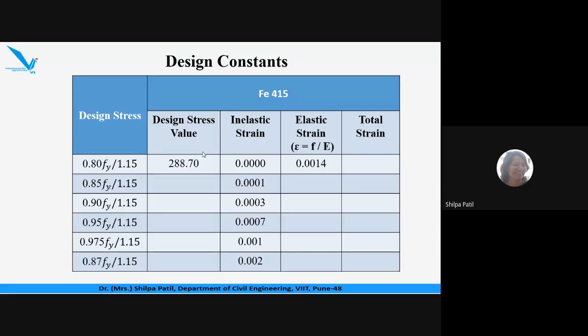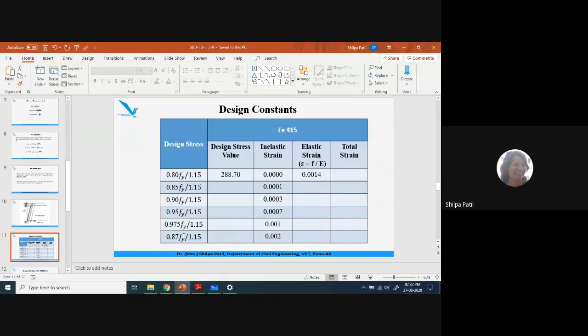One thing I want to correct over here: 0.87 Fy is the final value. So I have to write this as 1 Fy divided by 1.15, which is equal to 0.87 Fy. Okay, this correction I will quickly make.